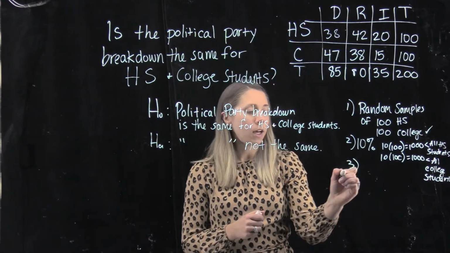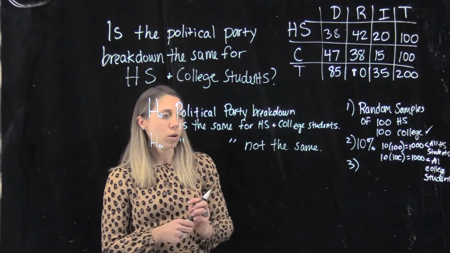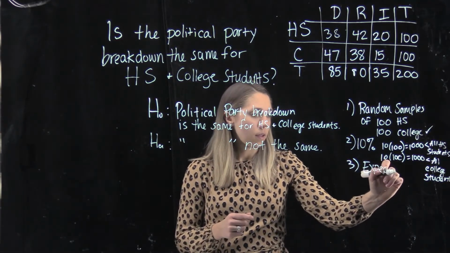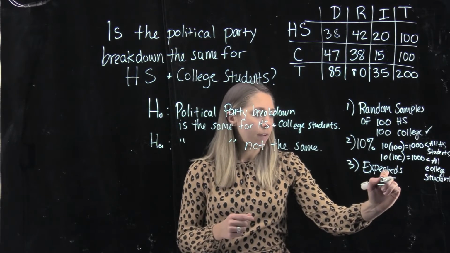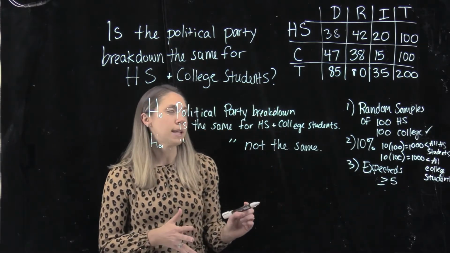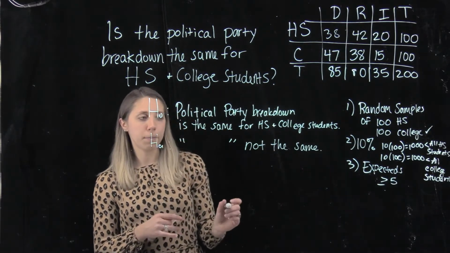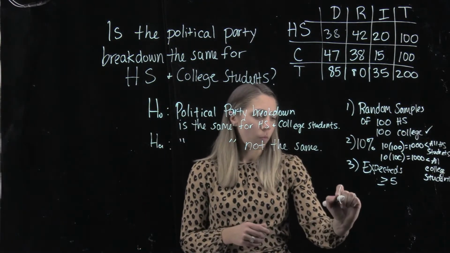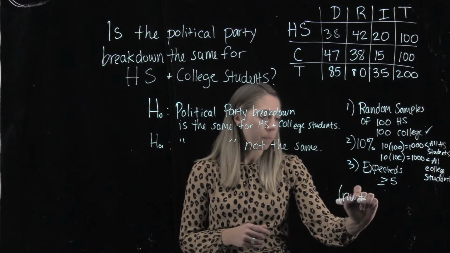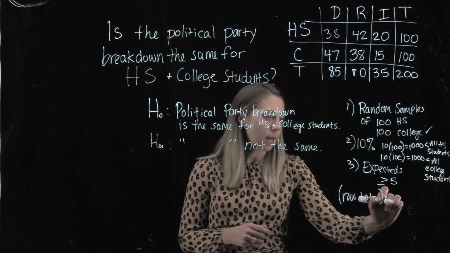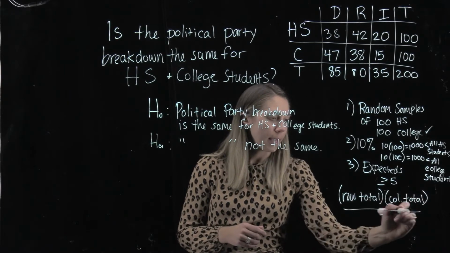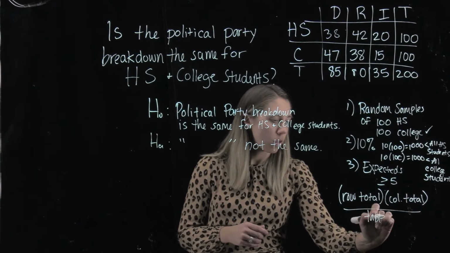Our final check would be that your expecteds are all greater than 5, which is the case. But if we were to check that, remember that you check that by row total times column total divided by table total.